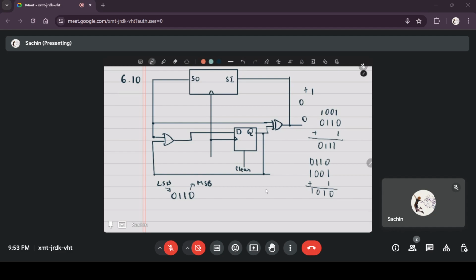So initially LSB is 0. Let's call the output C. C is equal to 0 and D is equal to 0. Q is equal to 0.